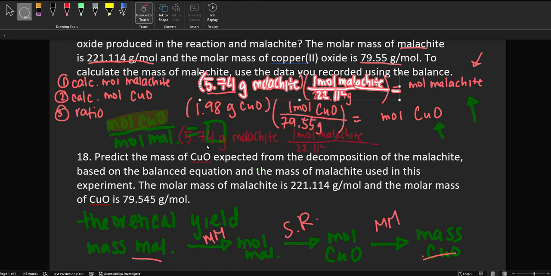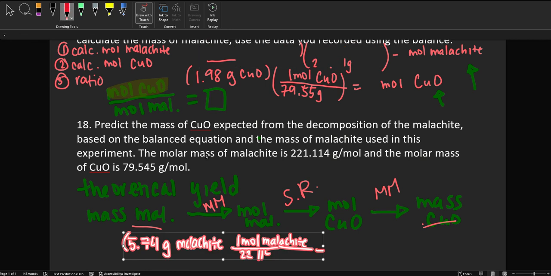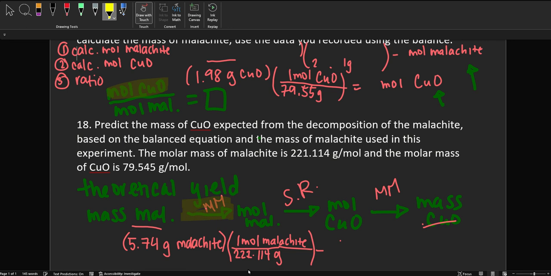Anyway, I can move it over for my purposes. 221 grams. Okay, here we go. So this is this first step right here. We converted to moles of malachite. We crossed out grams of malachite. Yay, good.